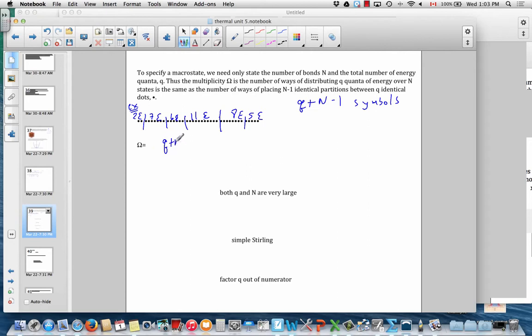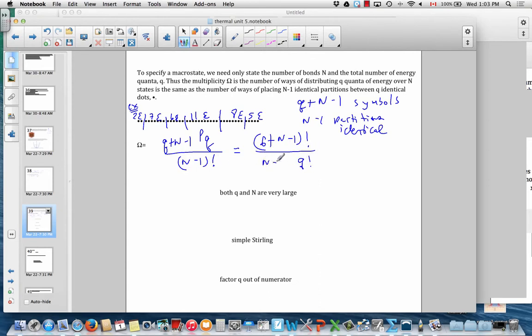So that's Q plus n minus 1 pick a group of Q. Now, because the n minus 1 partitions are all identical, there's a degeneracy in the permutations, and then it turns out we need to divide by n minus 1 factorial. So according to the rules of permutations, this is Q plus n minus 1 factorial over Q factorial, but then we get this extra degeneracy factor of n minus 1 factorial.